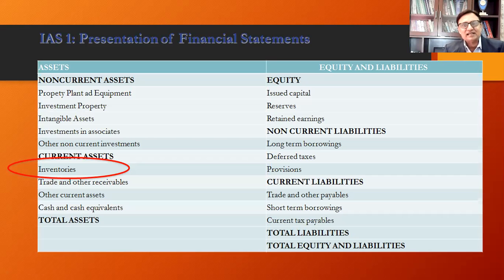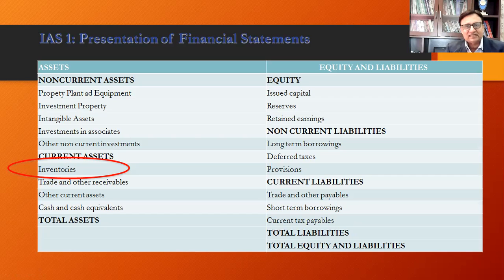And on the asset side of the statement of financial position, among current assets, the most important item is inventories. Its importance arises from the fact that if it is not properly valued, if it shows different kinds of asymmetries in the valuation models adopted by different organizations, then the accounts will not be comparable and there will be no consistency, and you cannot say that the accounts are prepared with a true and fair view.